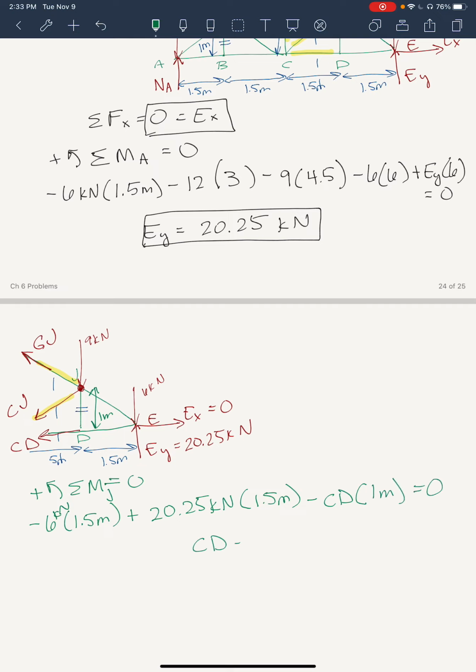So CD is going to equal 21.375 kilonewtons, and that's going to be in tension.